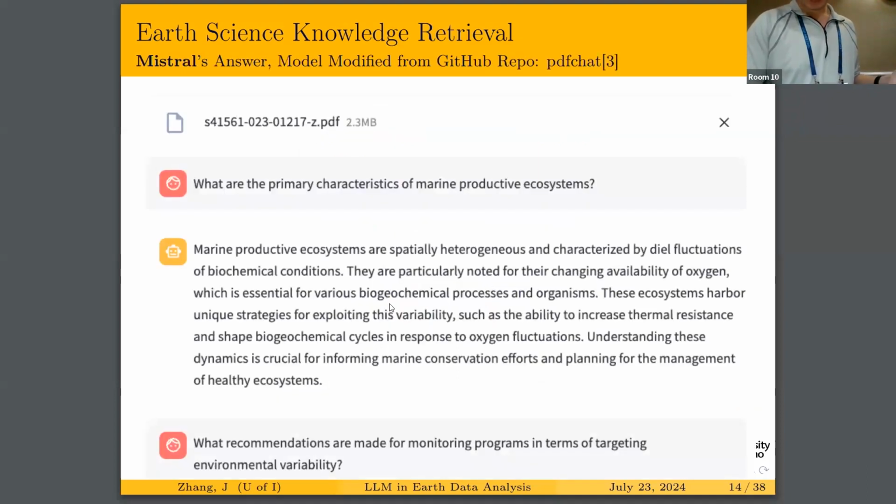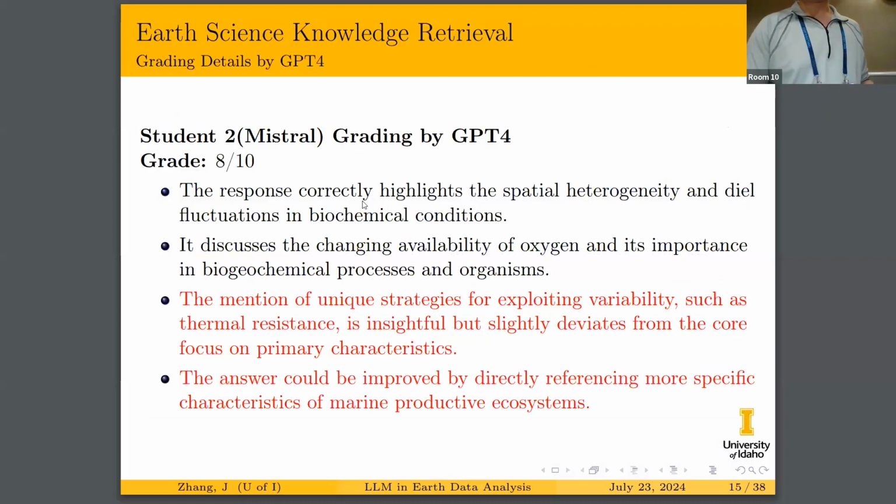You can see here is a screenshot showing how our open model, this time Mistral, answers the question. You can see here we incorporate the knowledge base, which is just the paper I mentioned before. Therefore, you can see Mistral can answer the question in a pretty neat way. And here is a grading result.